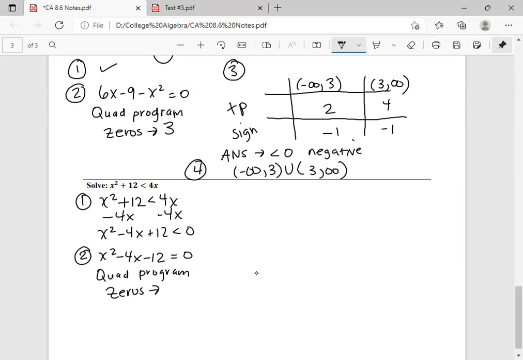And I'm saying I copied the problem wrong, right? X squared minus 4x plus 12, and then I changed it to a -12 right there. Sorry about that. I caught my mistake when I got normal answers there, but that should have been a +12. So I need to go back.